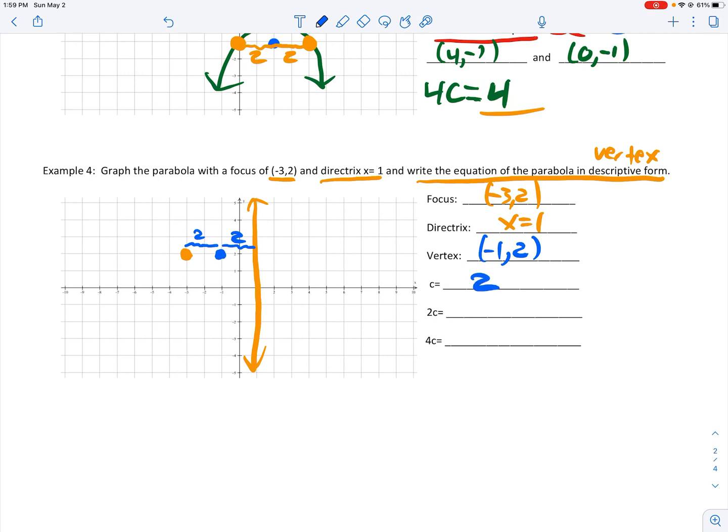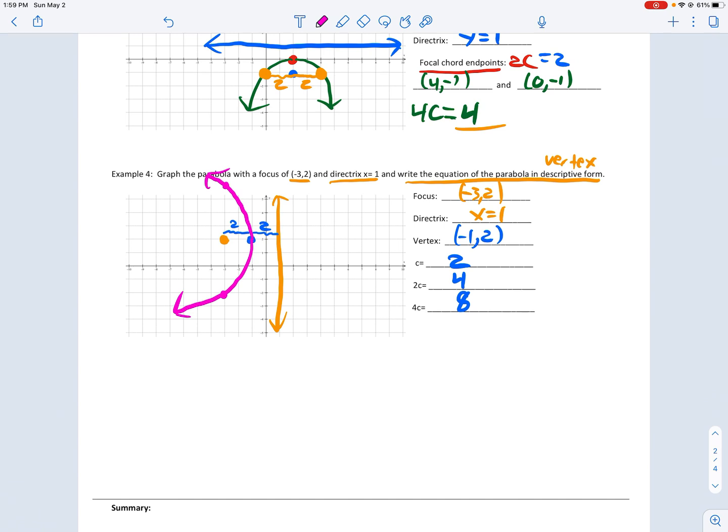That's C. So 2C would be 4. 4C would be 8. So if you were to make this sketch, right, 2C is 4, up 4, down 4. So this is the parabola that we're trying to find the equation for.